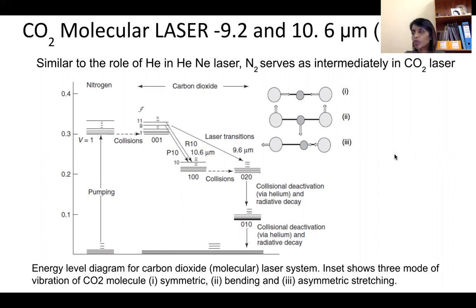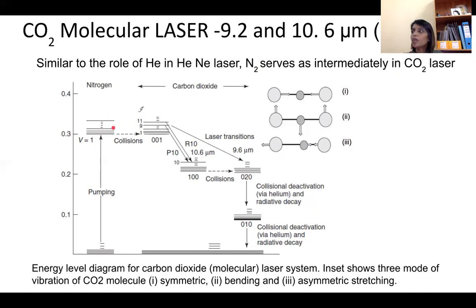First, nitrogen absorbs the pumping energy, gets excited to higher energy levels, and they have these metastable energy levels. When they drop down to these metastable levels, these excited nitrogen atoms collide with carbon dioxide, because this metastable energy and that metastable energy are comparable energy-wise.